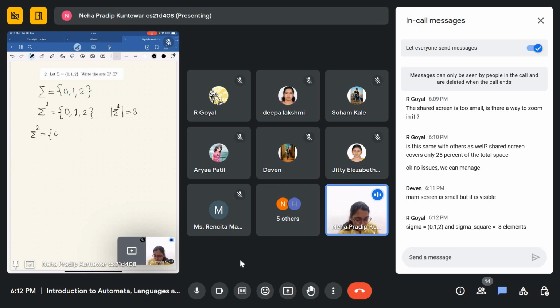So you could have 0 0, 0 1, 0 2, or 1 0, 1 1, 1 2, or 2 0, 2 1, or 2 2. These are the only possible words whose length is 2. So the size of sigma 2 is 3 square, which is 9.